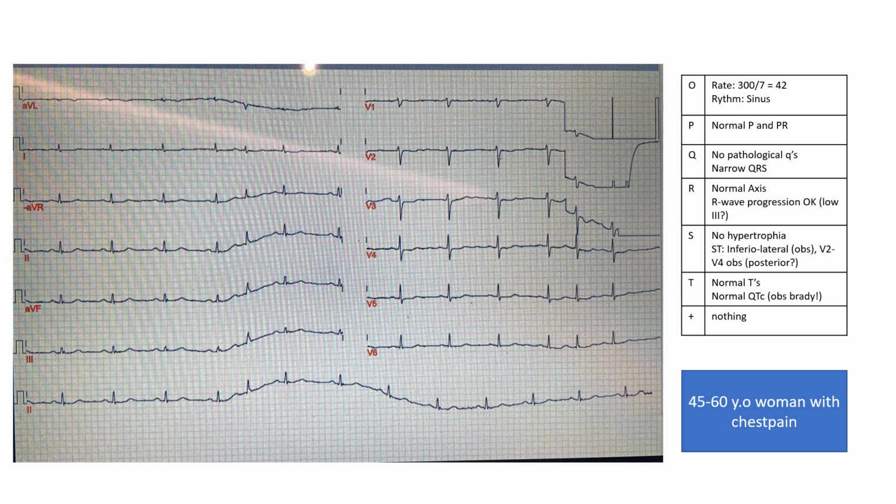Then there's no hypertrophy, because S wave plus R wave here is not more than 35 millimeters, or 7 big boxes. And then ST elevation is hard to see because it's really a small ECG, but there might be some subtle changes down here, flattening.